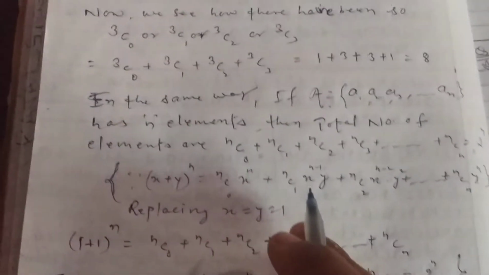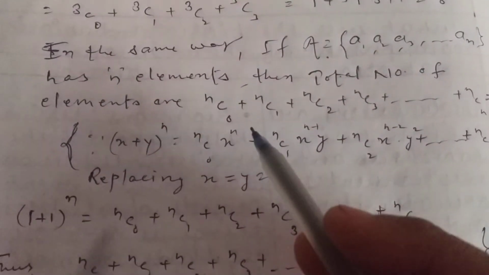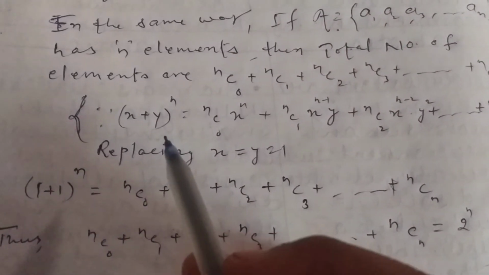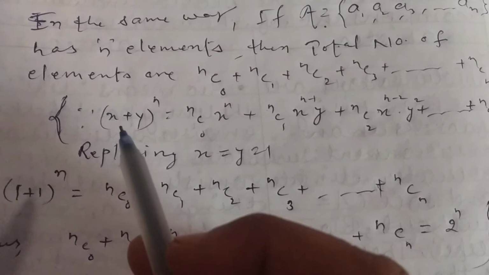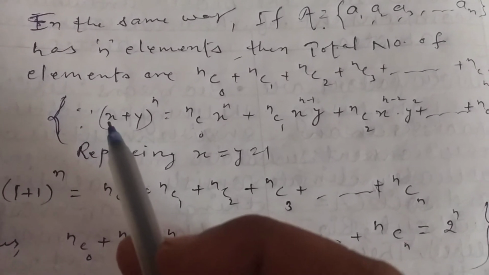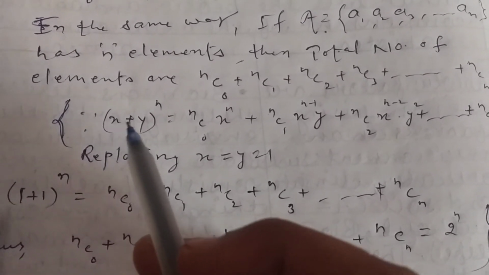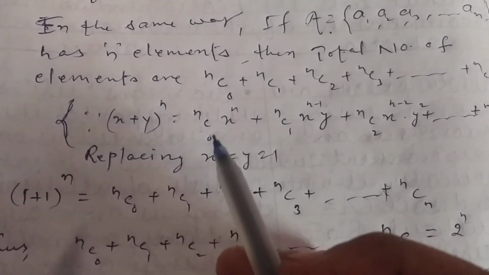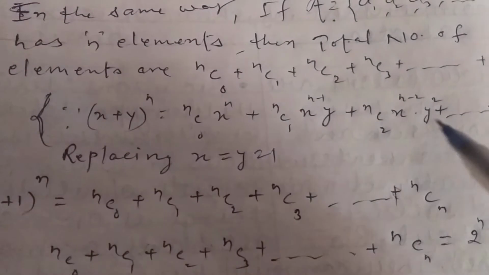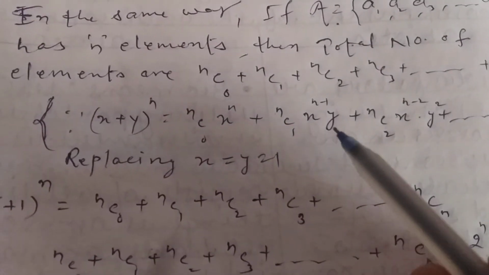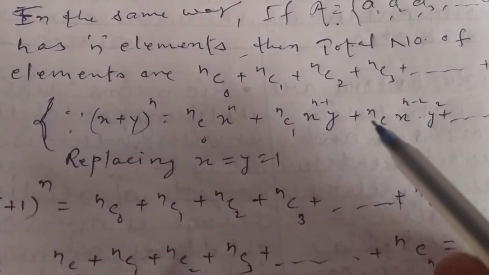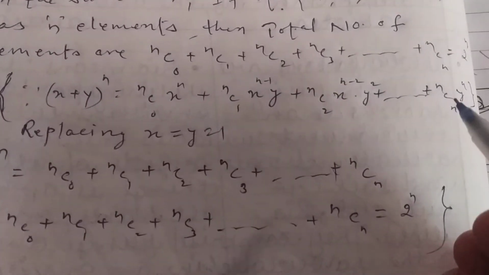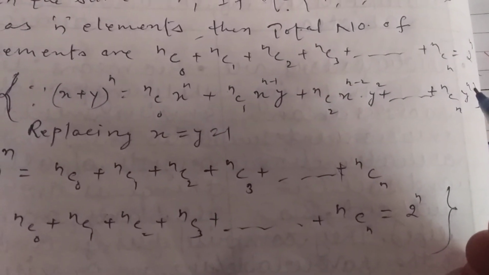Now students, the matter is how its value is 2 raised to the power n. We will understand here. We have a binomial expansion: (x plus y) raised to the power n equals nC0 x to the power n plus nC1 x to the power n minus 1 y and so on up to nCn y raised to the power n.